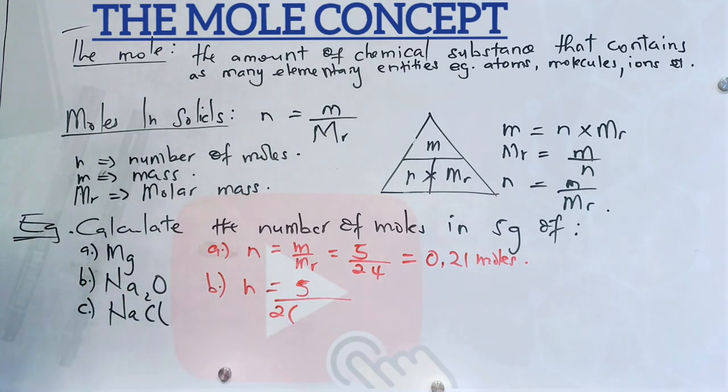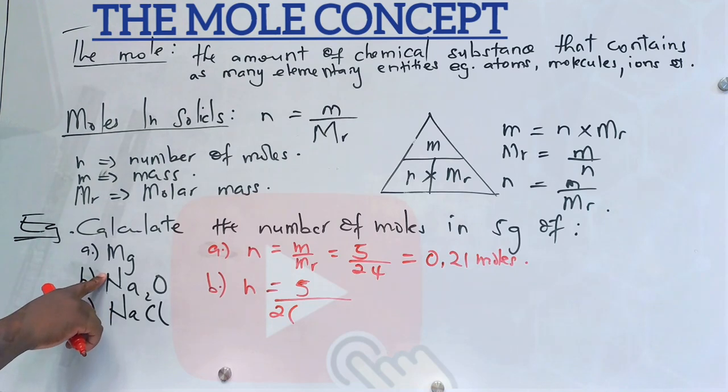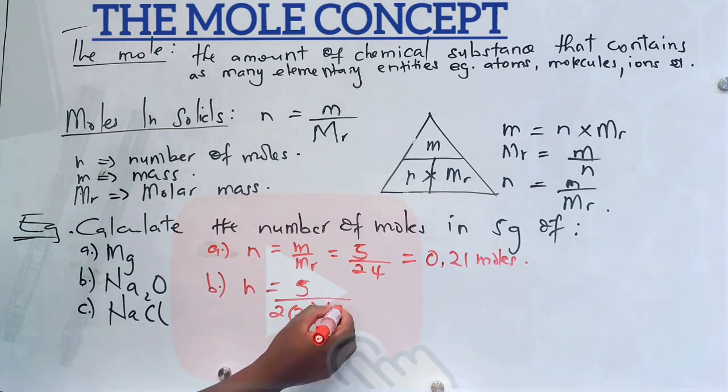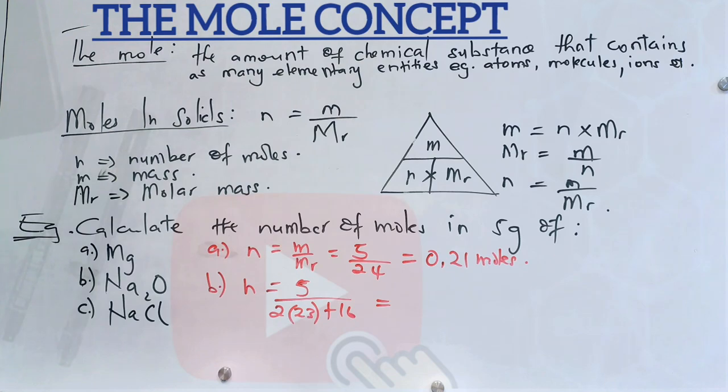So we say 2 open bracket, the mass number of sodium, which is 23, then plus oxygen, whose mass number is 16. Then we get the answer: 0.08 moles.